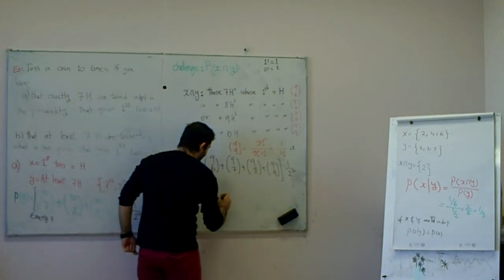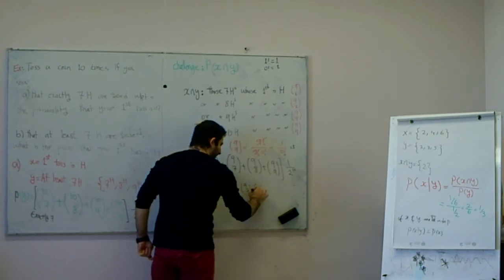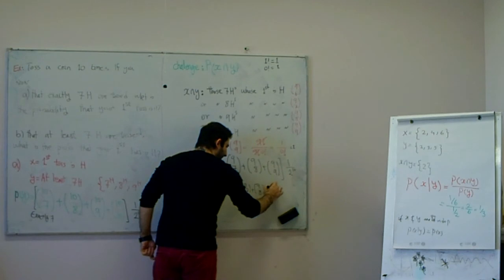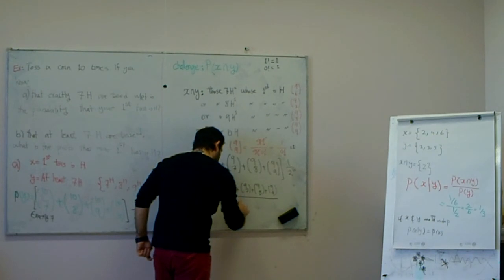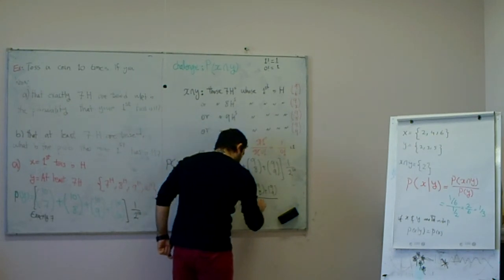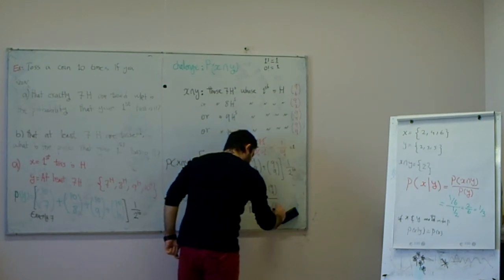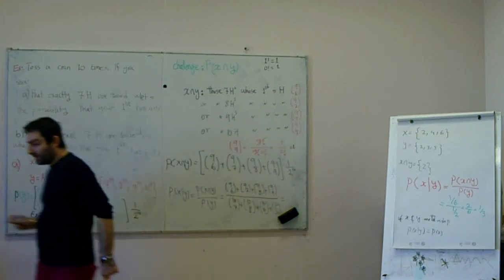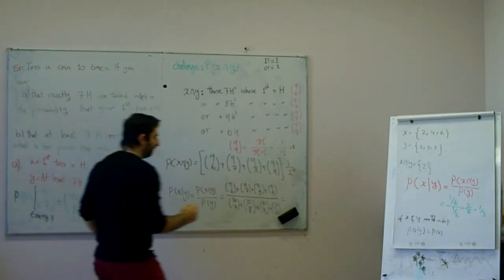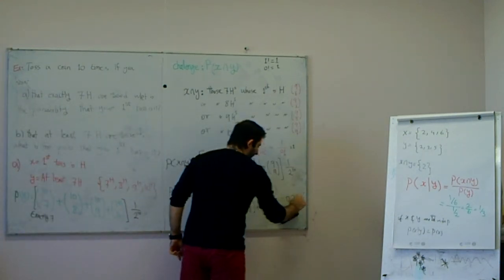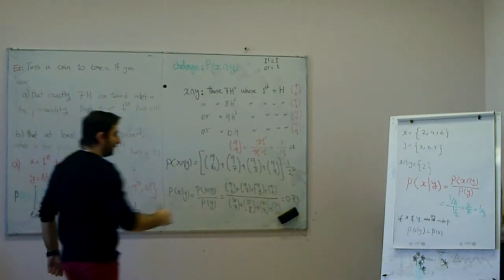So what is left is C(9,6) plus C(9,7) plus C(9,8) plus C(9,9), divided by C(10,7) plus C(10,8) plus C(10,9) plus C(10,10). And if you calculate it, the result will be 0.74.